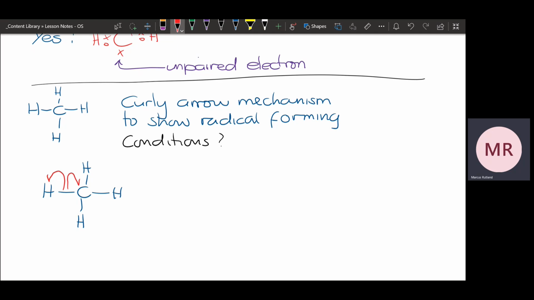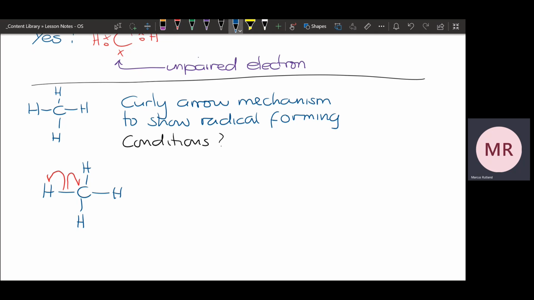So forming radicals is always, note where the arrows start. You're breaking a bond, so they start at the bond, showing the bonding pair of electrons being lost from the bond. Since each of the atoms in the bond is picking up 1 of the electrons, we get these half-head arrows showing the movement of 1 electron in each direction.